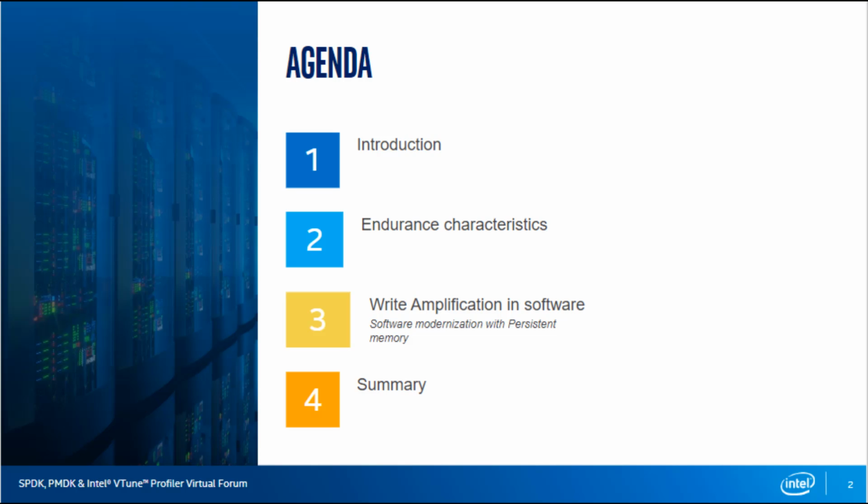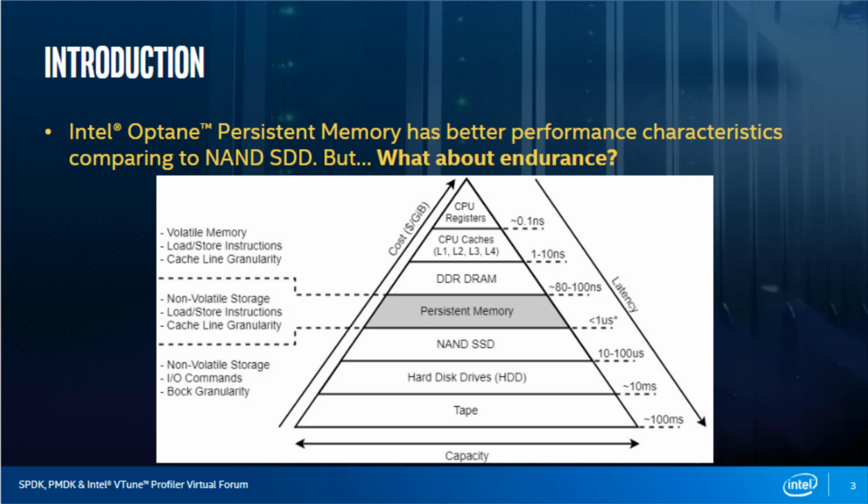So let's proceed. This is a picture we usually show when we introduce persistent memory. It shows that persistent memory fills the gap in the memory hierarchy and takes a place between DRAM and SSDs. So it's something in the middle between the memory and storage hierarchy.